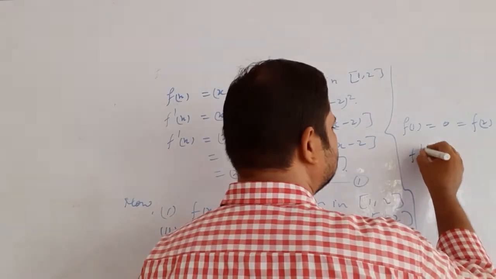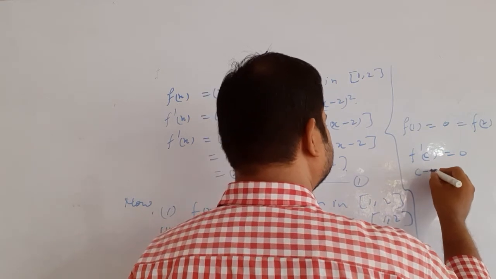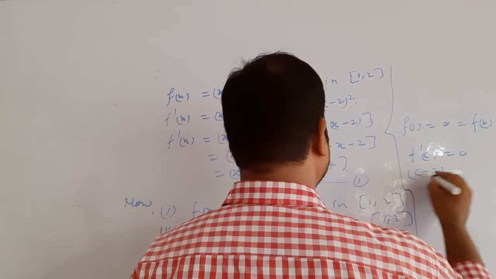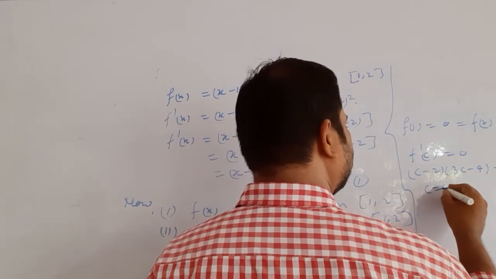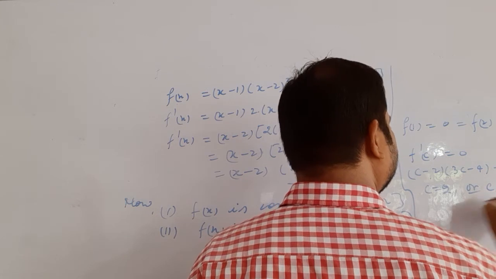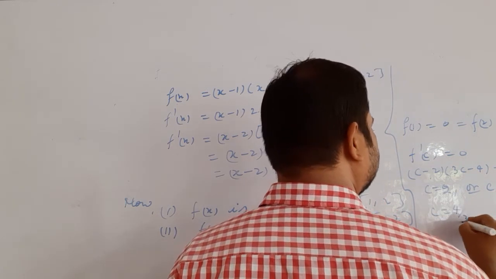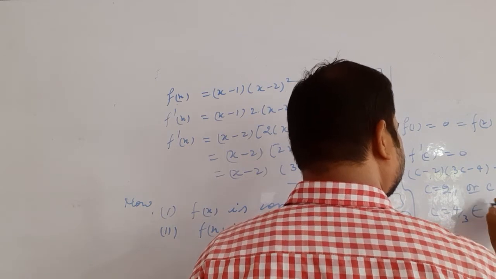So f dash c is equal to 0. That means (c minus 2)(3c minus 4) is equal to 0. So either c is equal to 2 or c is equal to 4 by 3. But we know that c is equal to 4 by 3 belongs to open interval (1, 2).